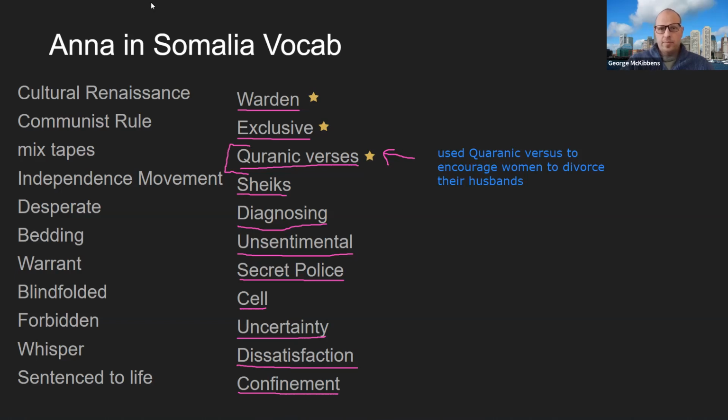Exactly. Against it. Exactly. So I think most people here have some kind of religious background, and for Christians, you've probably come into a situation in your life where somebody uses the Bible to rationalize something really insane and manipulate people. Yes. That's what's happening here in Somalia.